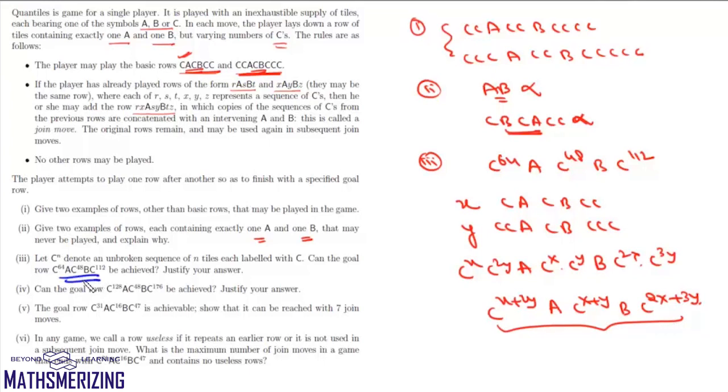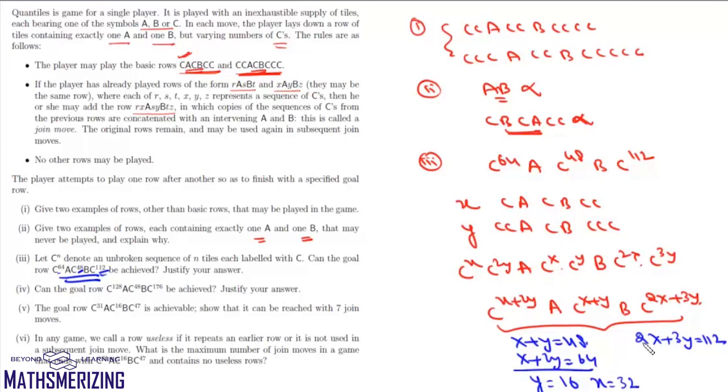Now for this number, this is 48, so we'll get x plus y as 48. This is 64, so we'll get x plus 2y as 64. And then this is 112, so 2x plus 3y is 112. Now we'll solve them. We'll get the value of y as 16, and if y is 16, we'll get the value of x as 32.